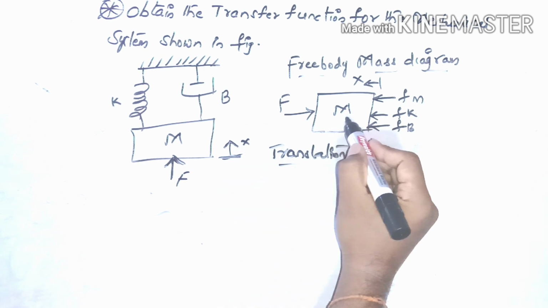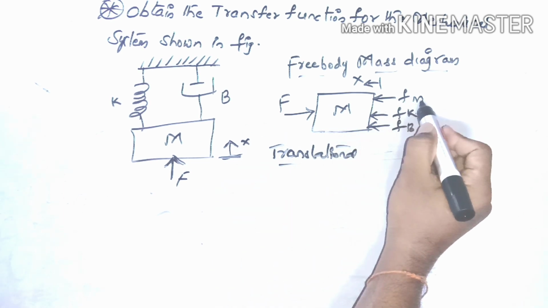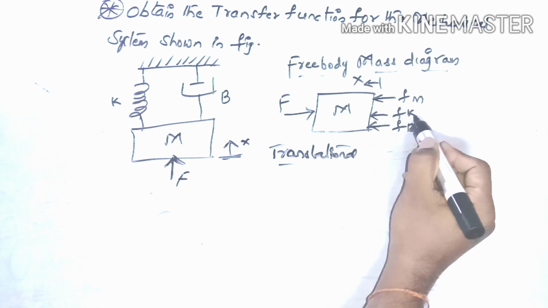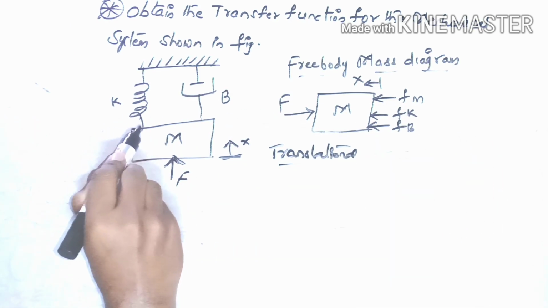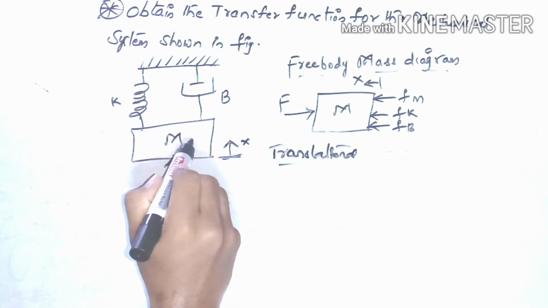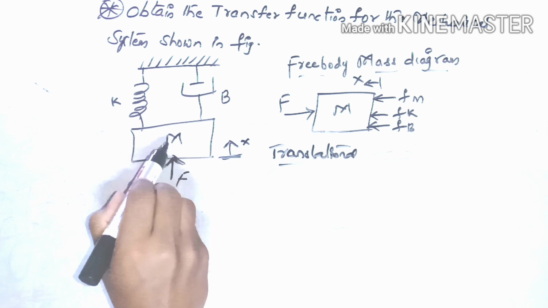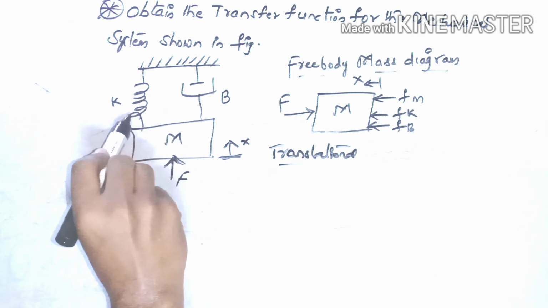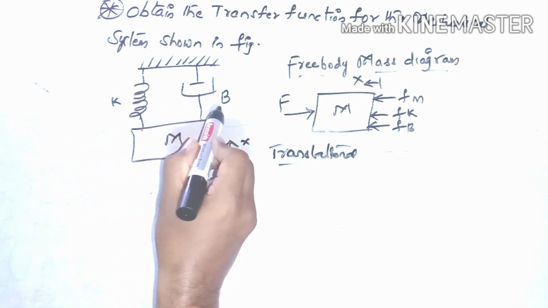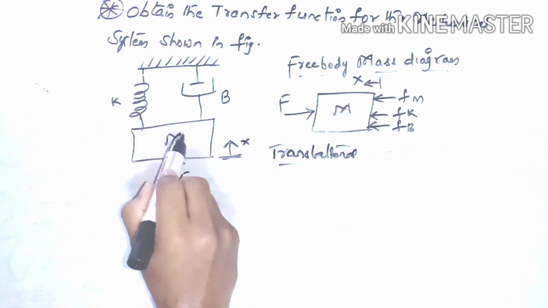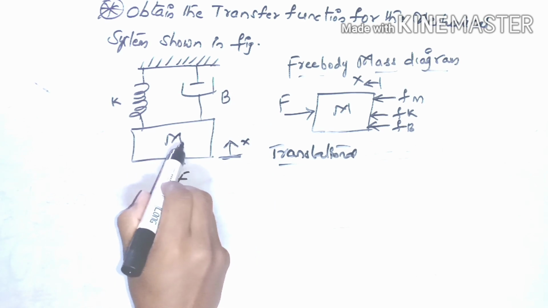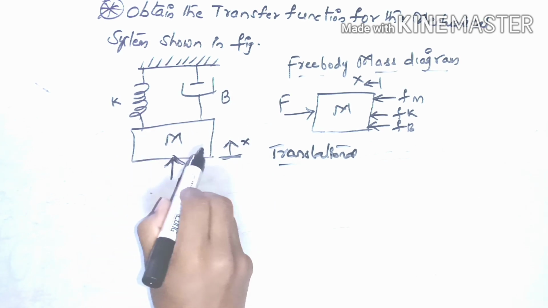For this mass element, the force due to the mass itself acts opposite, and also the force due to the spring constant, because the spring element is connected to this mass, and the viscous friction, which is also connected to this mass. So the forces acting opposite to the mass are due to the spring constant, due to viscous friction, and due to the mass itself.